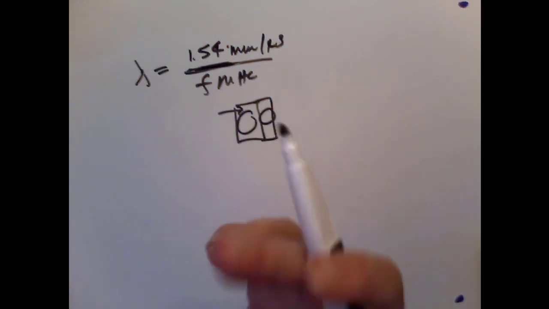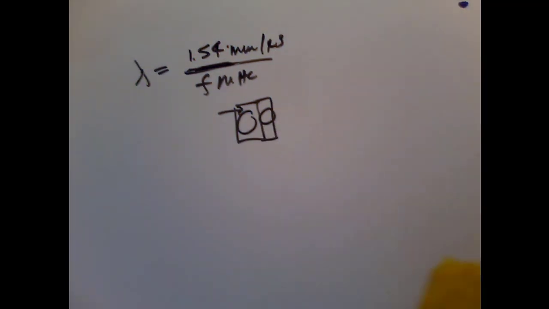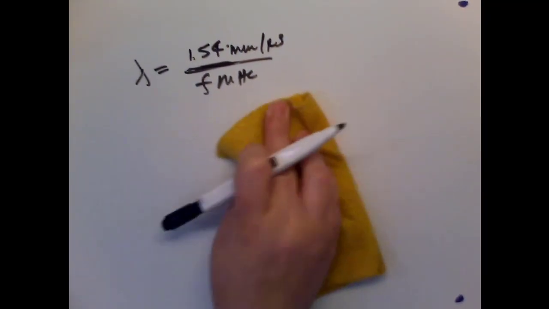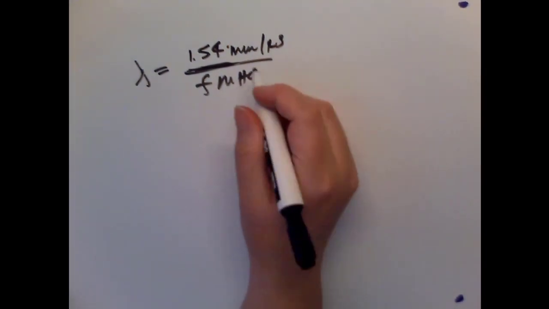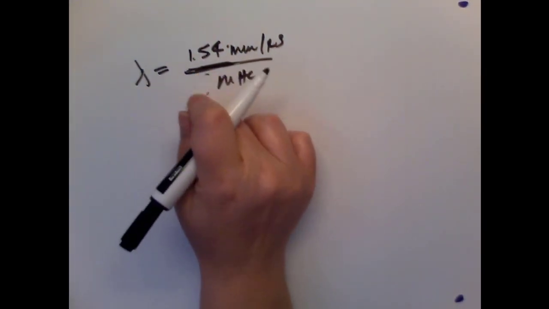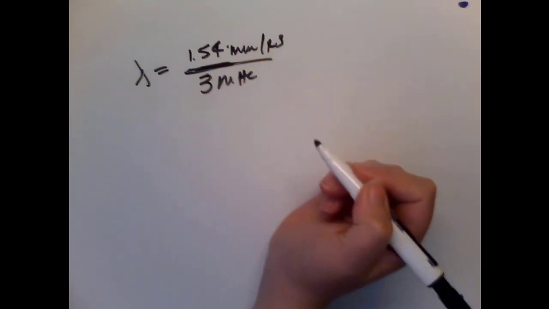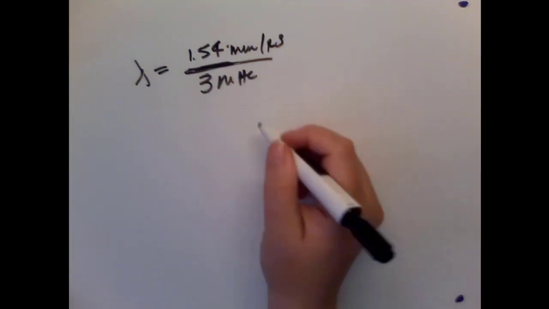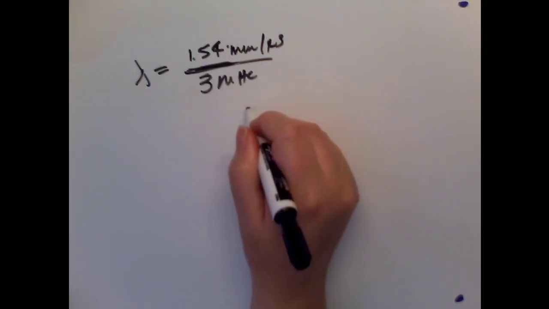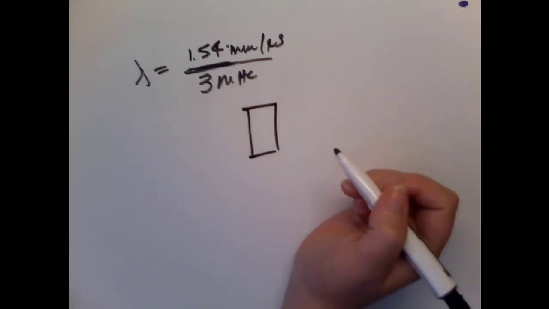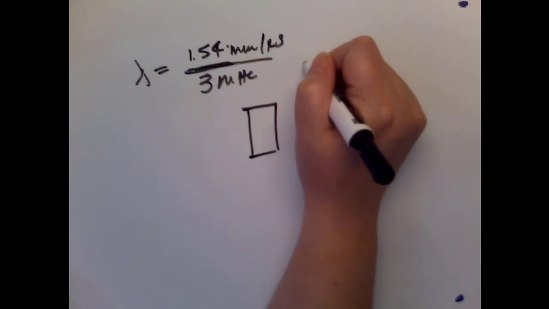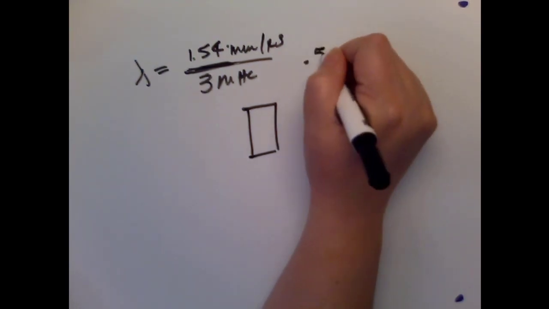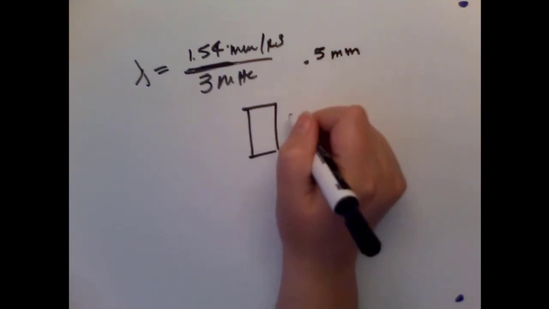But if we just kind of want to throw caution to the wind and use our 1.54, say we had a 3 megahertz transducer, and we'll just use our 1.54 because that's the formula that we have for figuring out wavelength. We know then that our wavelength would be about 0.5 millimeters.